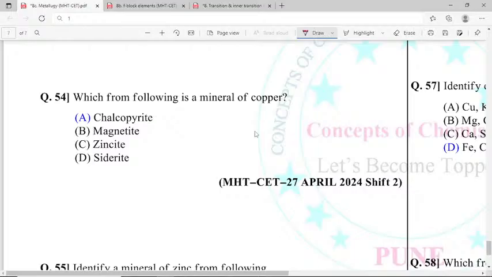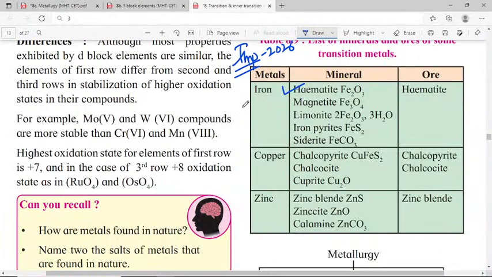Which from following is a mineral of copper? Mineral of copper, chalcopyrite. Chalcopyrite, CuFeS2.